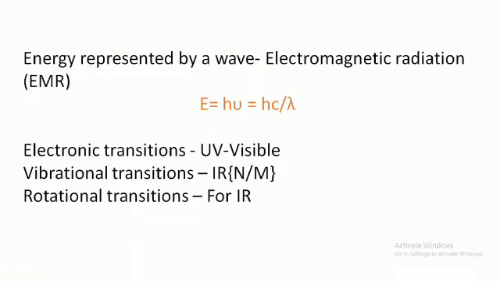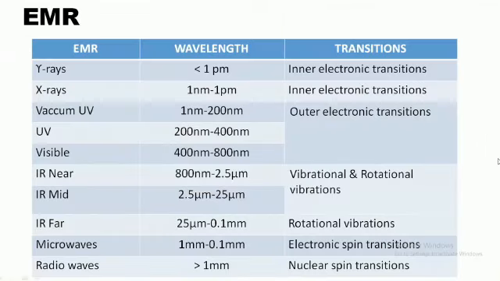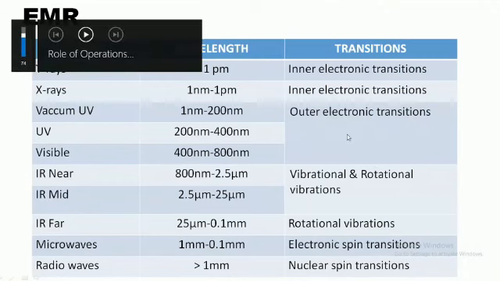This is how you have to remember it, since I keep on repeating this. I keep repeating this slide just to make sure you don't get lost. This table will help you.